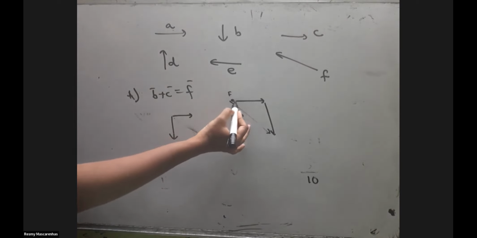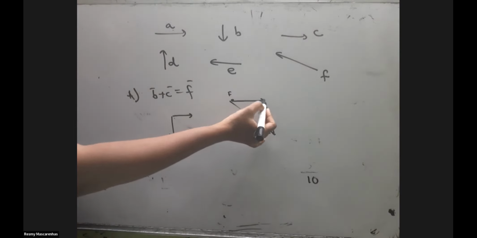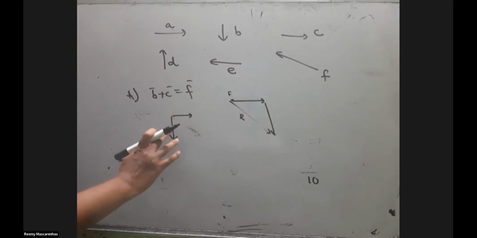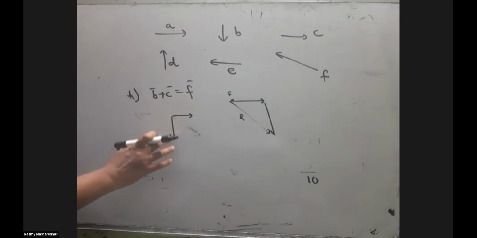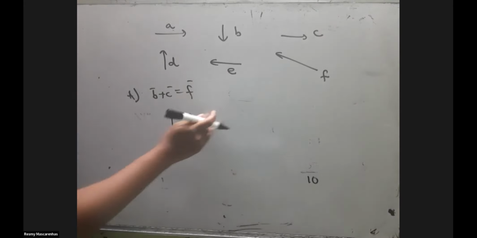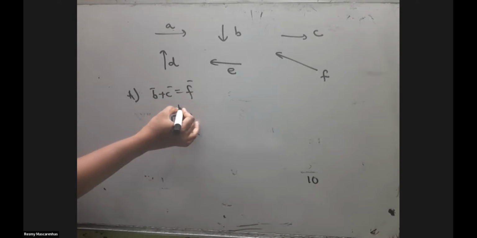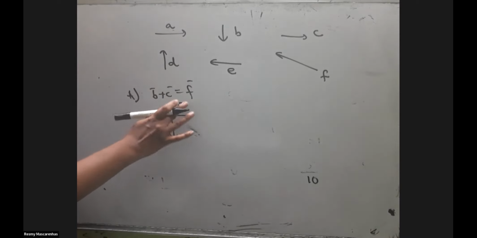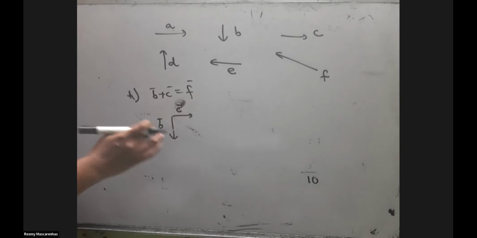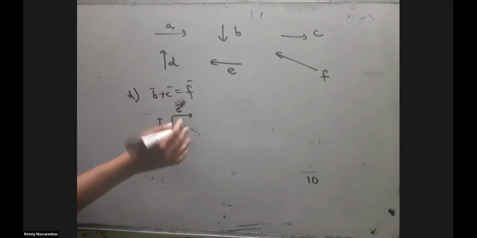This is your first point. Then the head should be connecting to the other one's tail, this way. So here what is happening? Tail and tail are connecting. So what we will do, just try to arrange this and see first. This is B. And this parallel is C. So just do the parallel shifting method. Bring it this side.